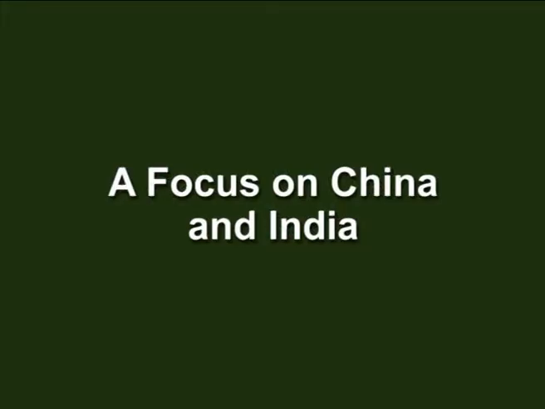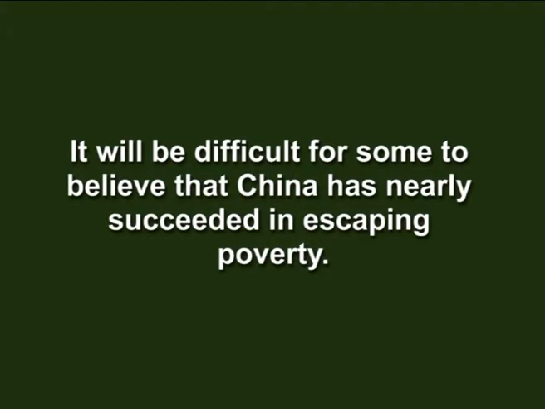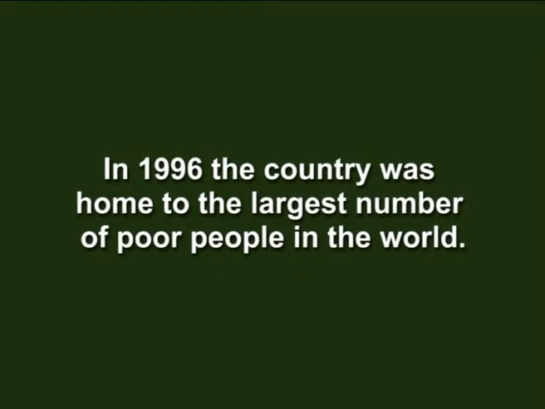Let's have a focus on poverty and people below poverty line in China and India. It will be difficult for some to believe that China has nearly succeeded in escaping poverty. In 1996, the country was home to the largest number of poor people in the world.